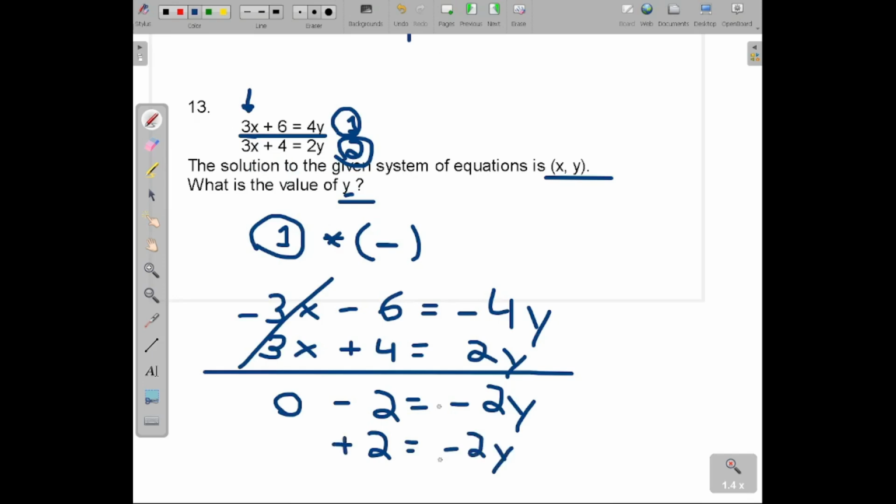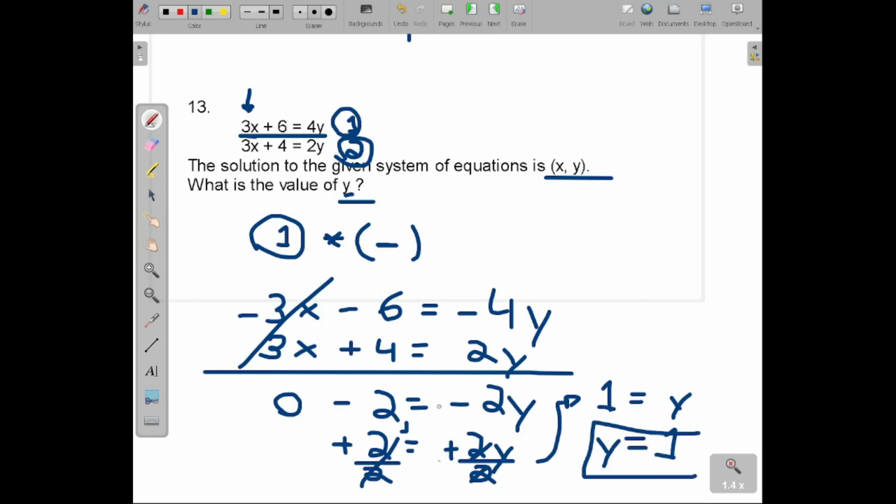We can multiply the terms by a negative sign, so it becomes positive. And we can divide by 2 to isolate the variable y. 2 divided by 2 is equal to 1. So finally, y is equal to 1. The value of y is 1.